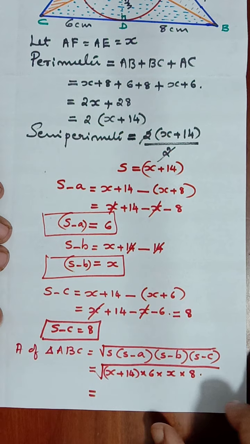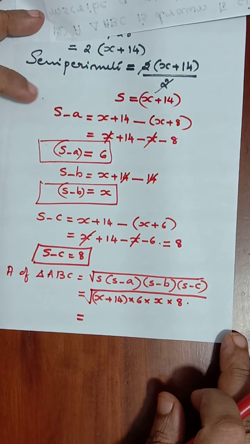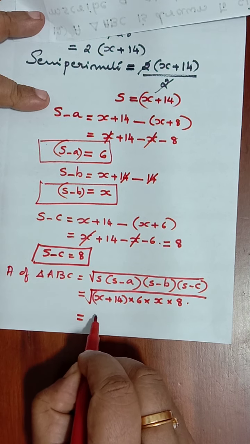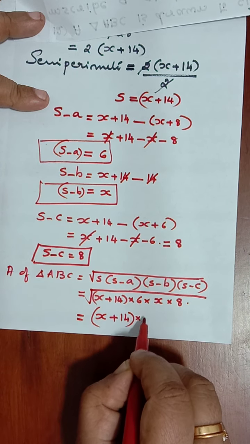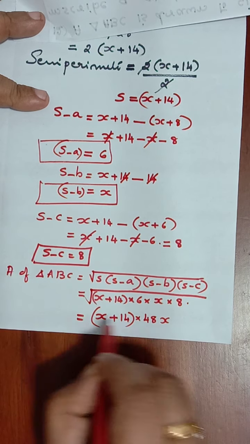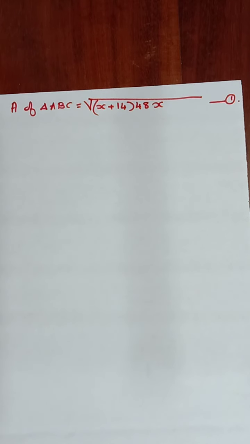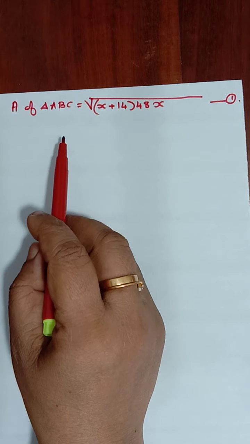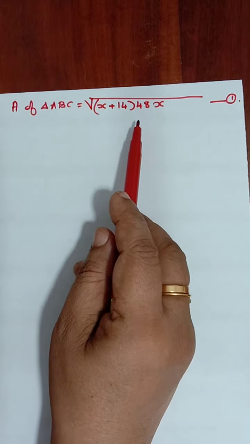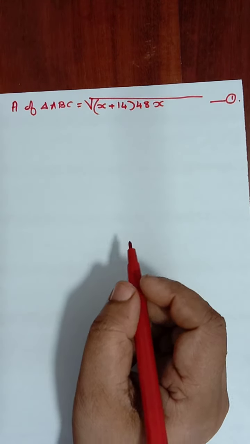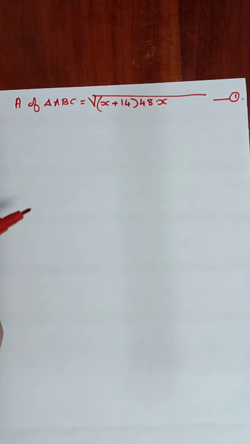So that becomes equal to, what is that equal to? Simplify: x plus 14 into 48x under the square root. So we got a conclusion. Area of triangle ABC is equal to square root of x plus 14 into 48x. This is the first method to find the area of a triangle by Heron's formula.